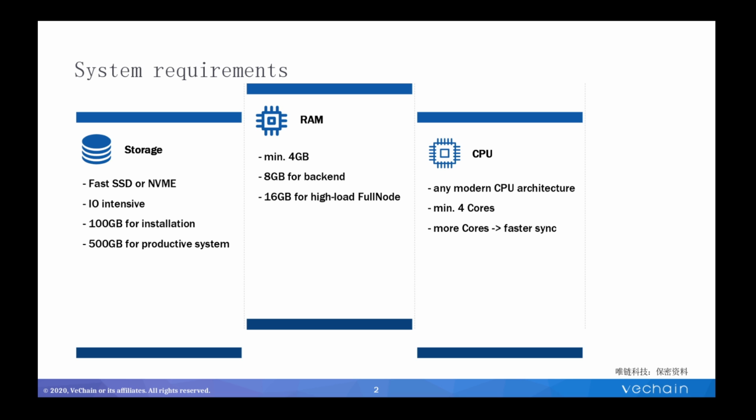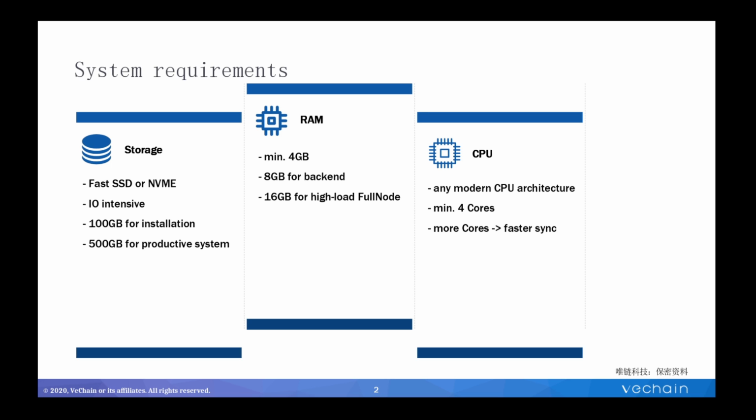So it's very advisable not to use HDD storage. For example, if you have a Synology or a QNAP network attached storage, it will run on those systems, but you will not be happy with them. So please use SSD storage, and that's the most important part for the system storage.